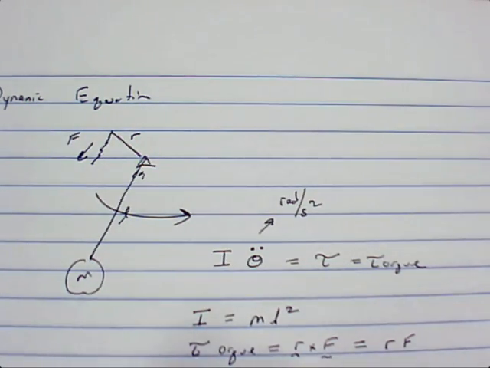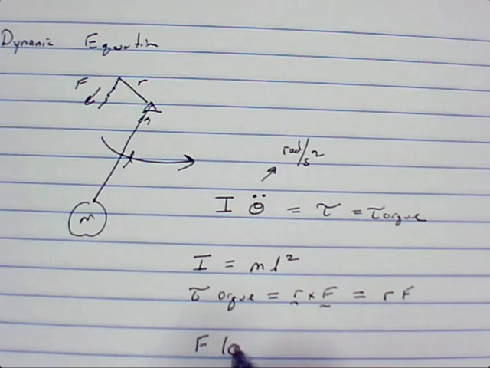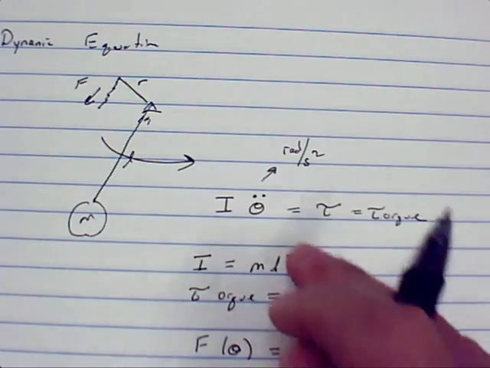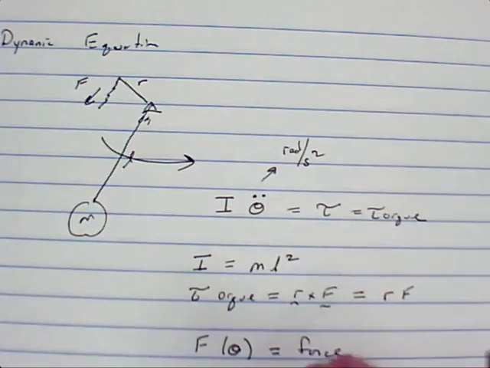Now that force F is a function of theta. So my force is a function of theta. It's not a constant. It actually is proportional to the angle of the shutter.